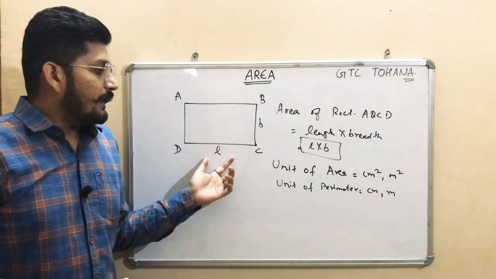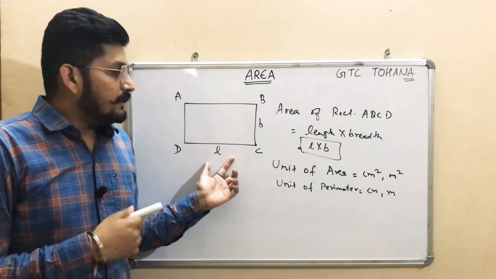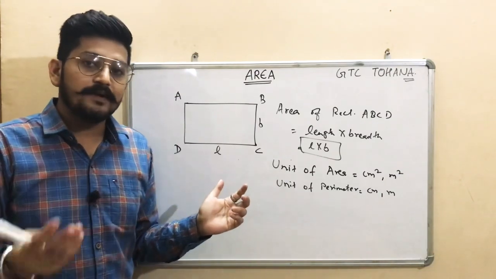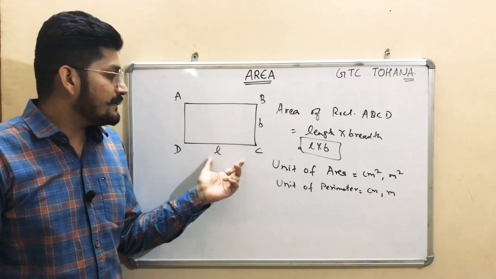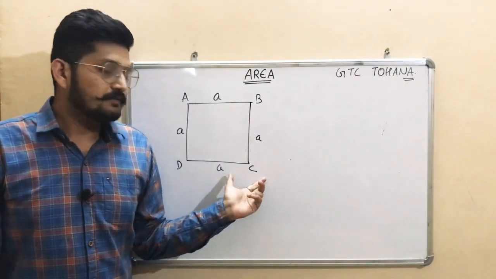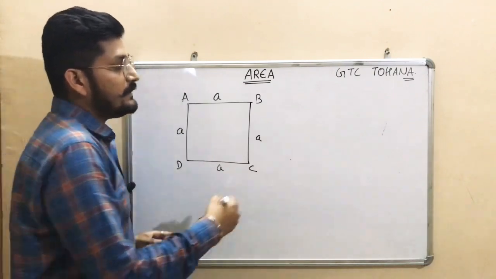So I taught you area of triangle and area of rectangle. Area of triangle is half into base into height and area of rectangle is length into breadth. Now we have our third figure. Third figure is square. How to find the area of square?